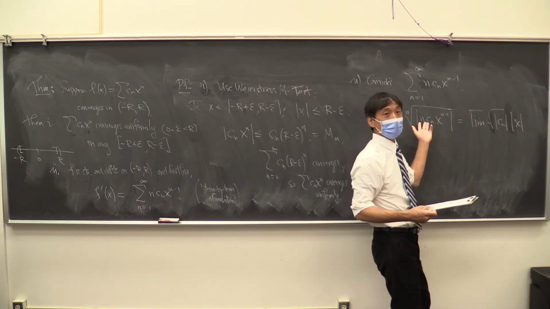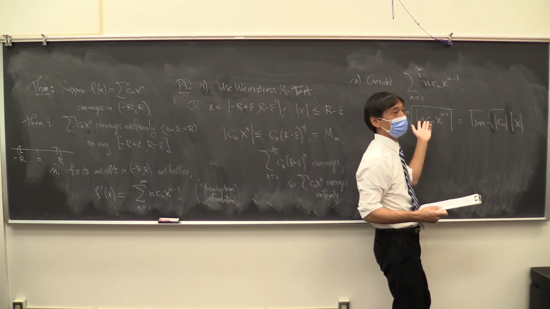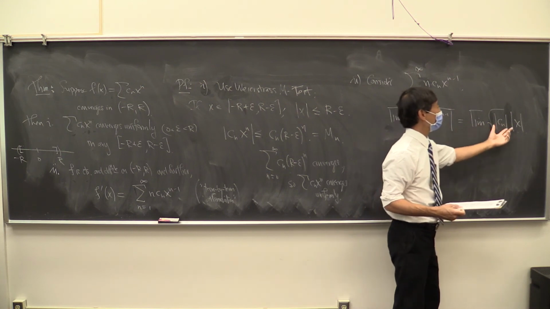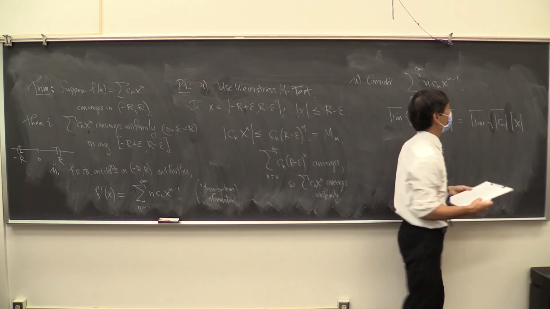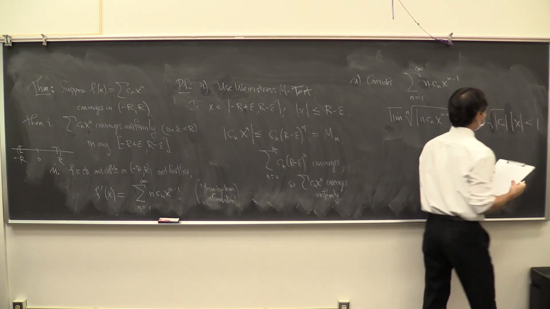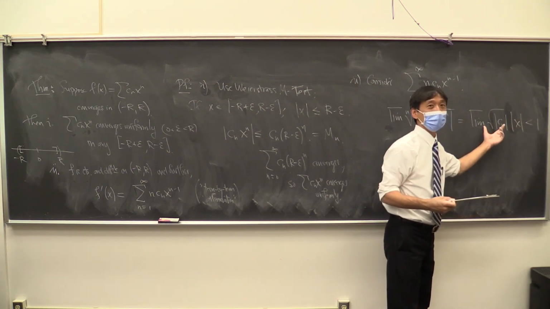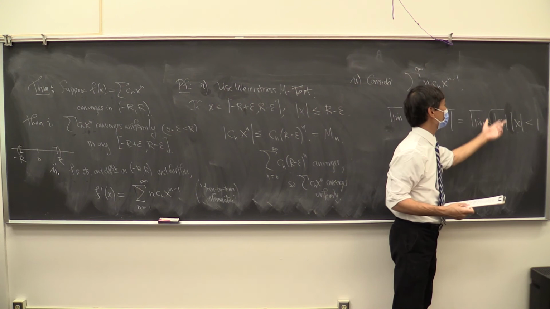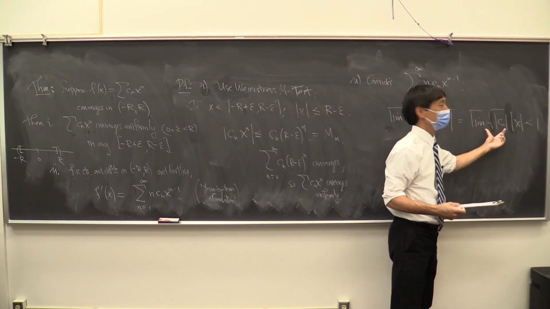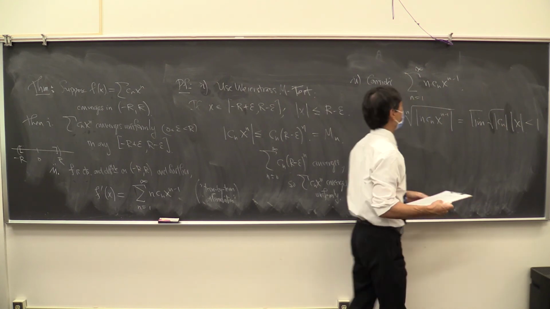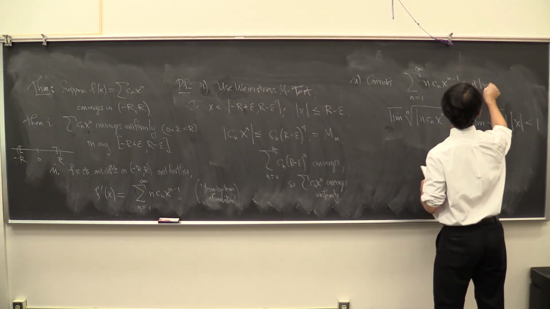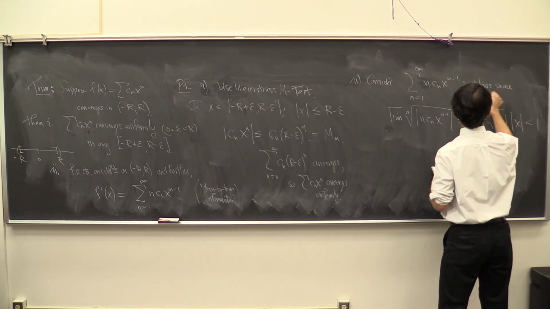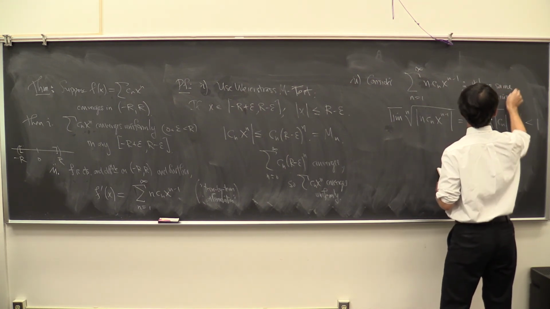N to the 1 over nth power also goes to 1. And so we end up with the same condition. We need this to be smaller than 1, and our radius of convergence is the same. Its radius of convergence is just going to be 1 over the limit of these guys. So it has the same radius of convergence.